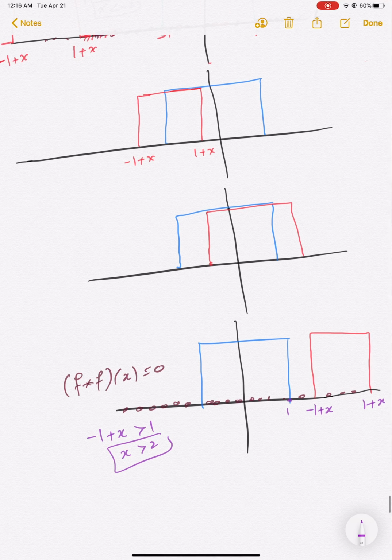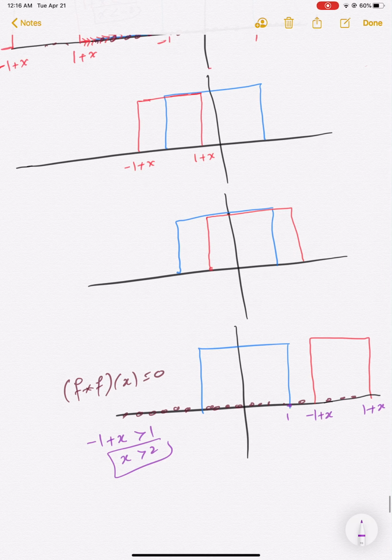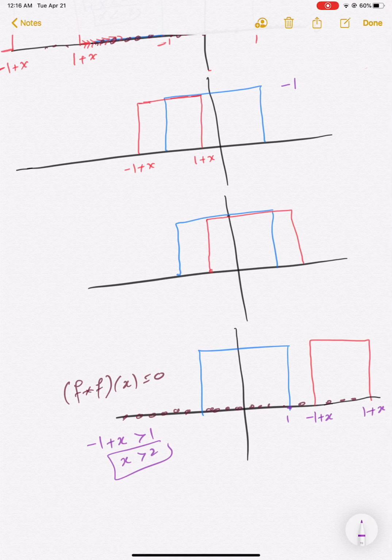So what's left is to look at the other two cases. For this case, I want negative 1 plus x to be less than negative 1, and at the same time I want 1 plus x to be less than 1.